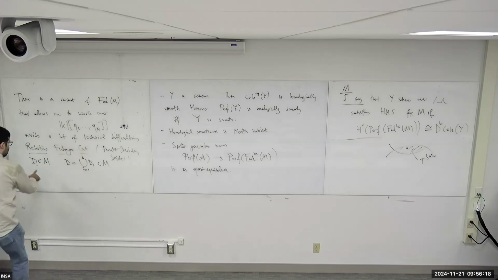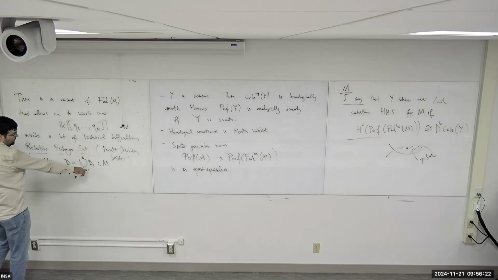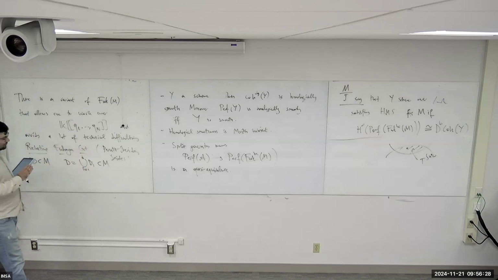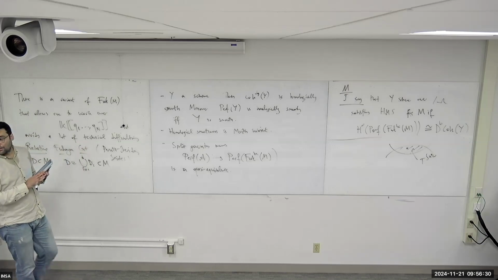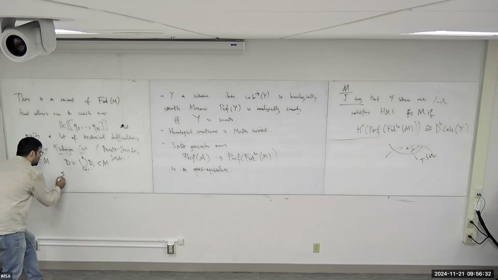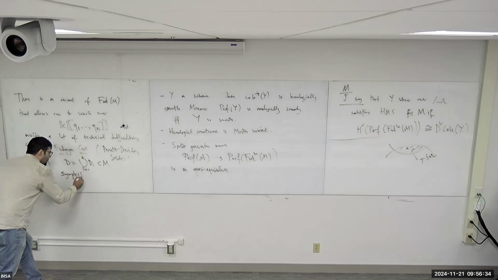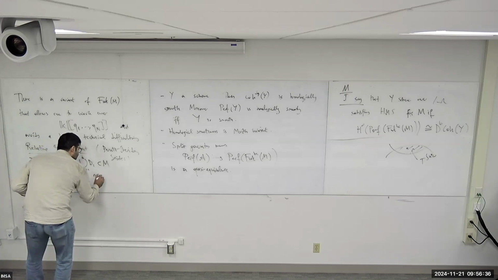So I have this divisor inside M, and by divisor I mean some codimension 2 symplectic submanifolds which intersect transversely, but they also have to satisfy an extra assumption that makes them into a symplectic normal crossings divisor.